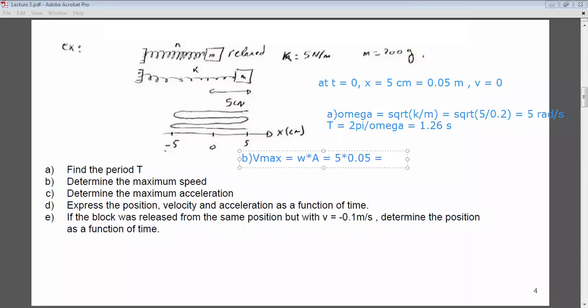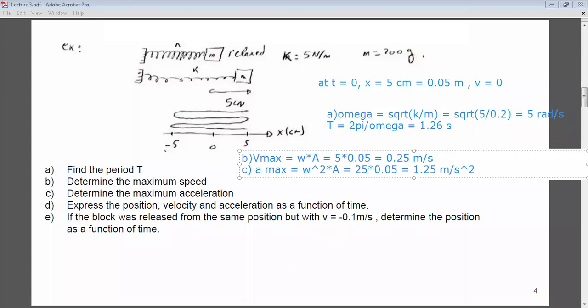This is equal to 0.25 meter per second. Okay, part C, A maximum equals omega squared A. This is equal to 25 times 0.05, and this is equal to 1.25 meter per second squared.